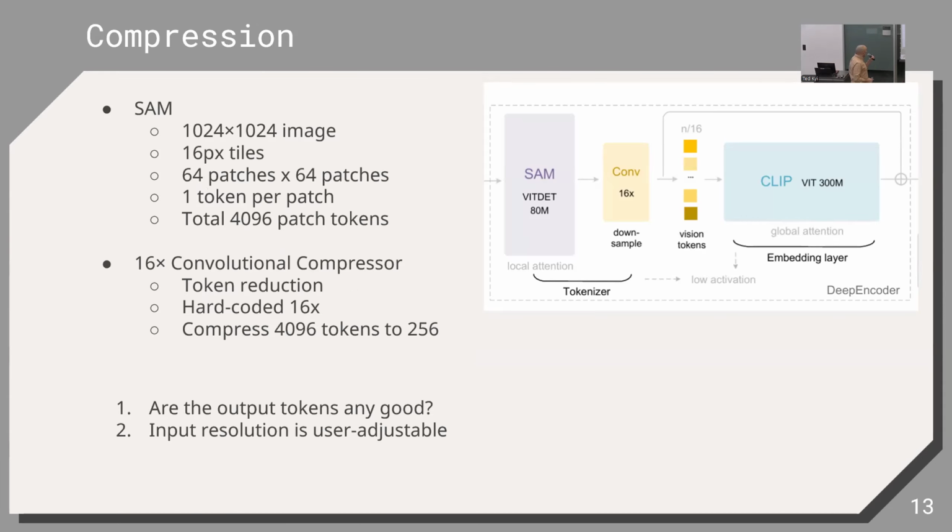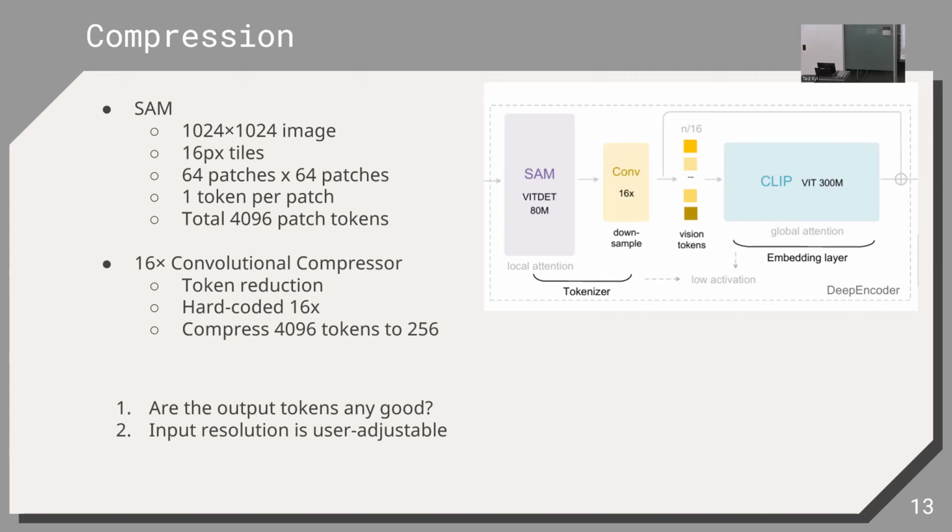In the SAM model, we talked about how we have these 4,000 vision tokens. They get compressed in that 16x compressor down to 256. So what are we talking about? We're taking some information and compressing it into tokens. The question is, are those output tokens any good? You can compress data, but is it useful when it comes out of this thing?